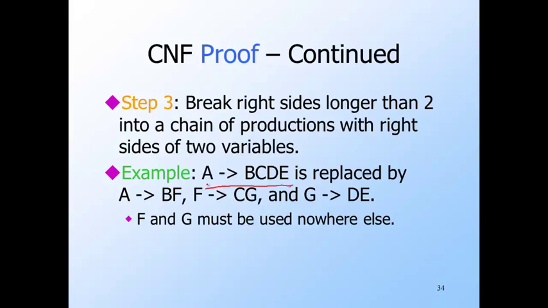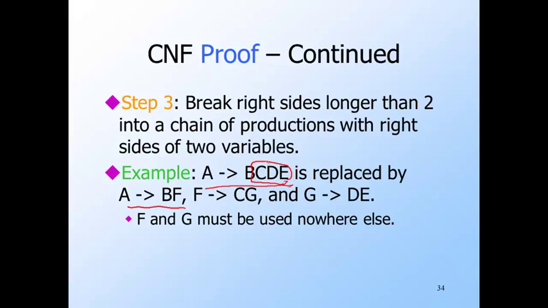The job of the first new variable, F, is to generate the whole body, except for the first symbol, B in this case. That is, we replace this A production by A goes to BF. Now F needs to derive CDE, that's the rest of the body. But that's too long, so we use G to help.